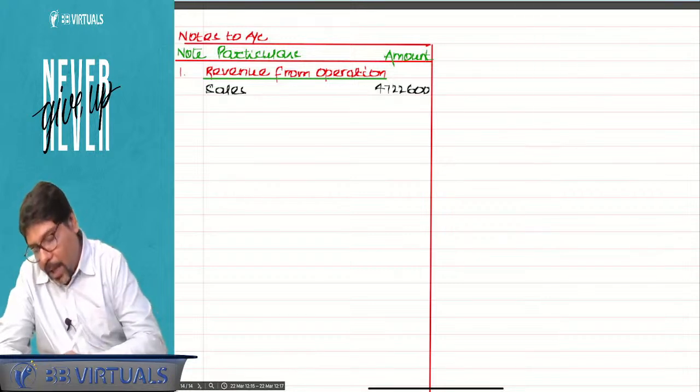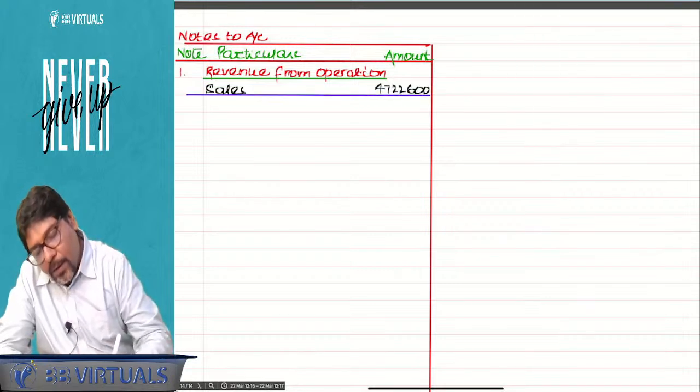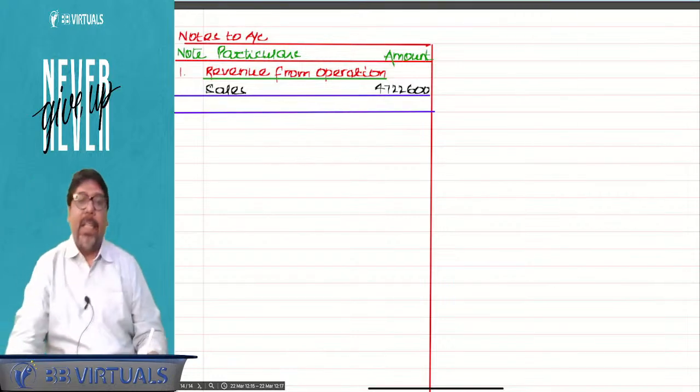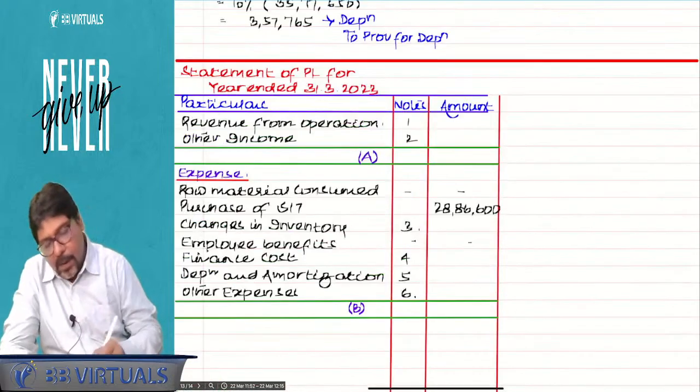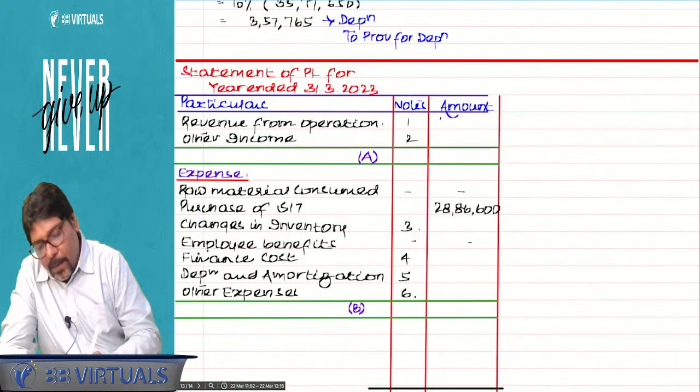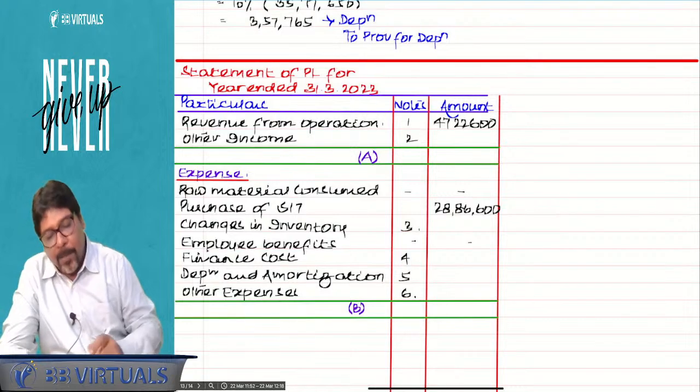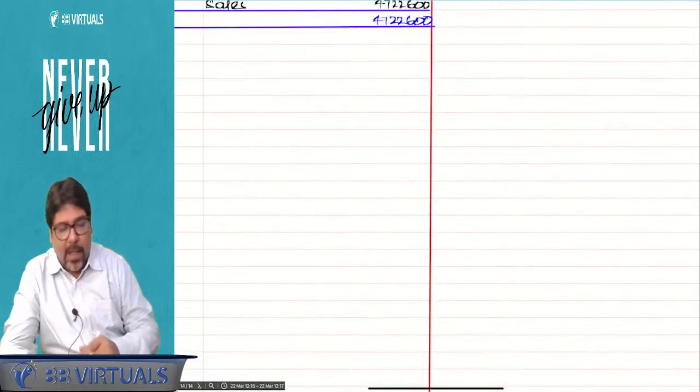Yes, sir. So this is your sales. And in that, what is the total? 47, 22, 600. Now, next is other income.